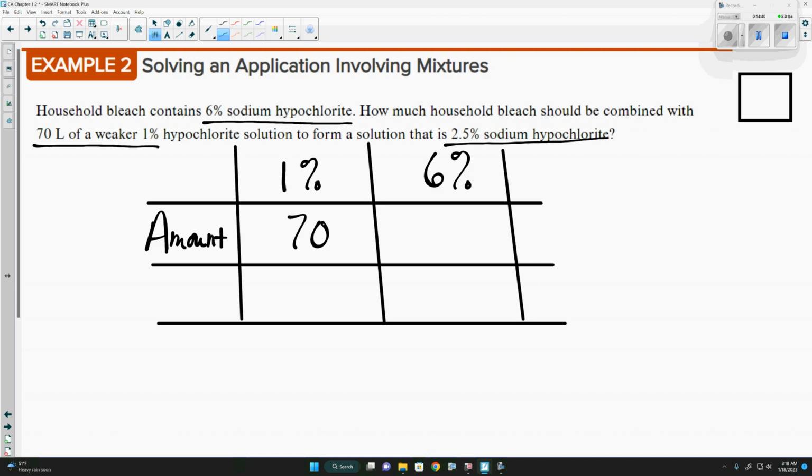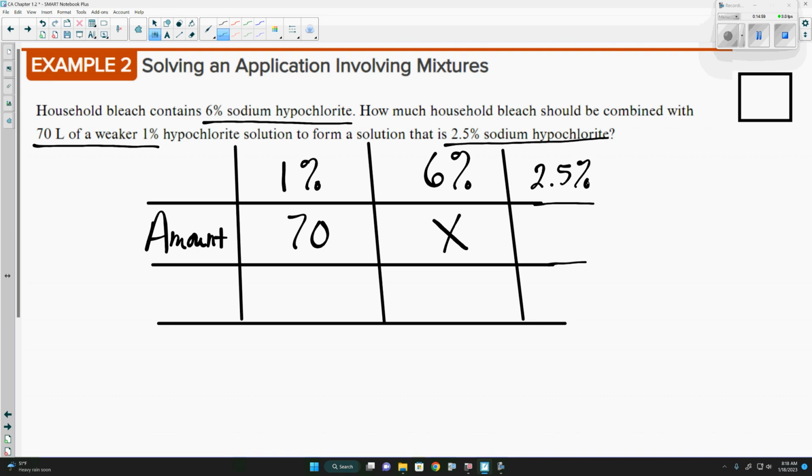Do we know the amount of 6%? No. So we can call it X. Yes? But we know that the total needs to be what? Our 2.5%, yes?